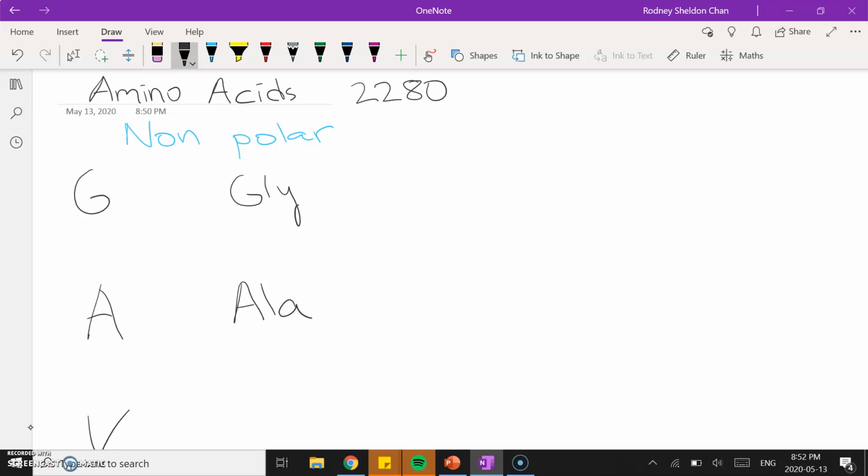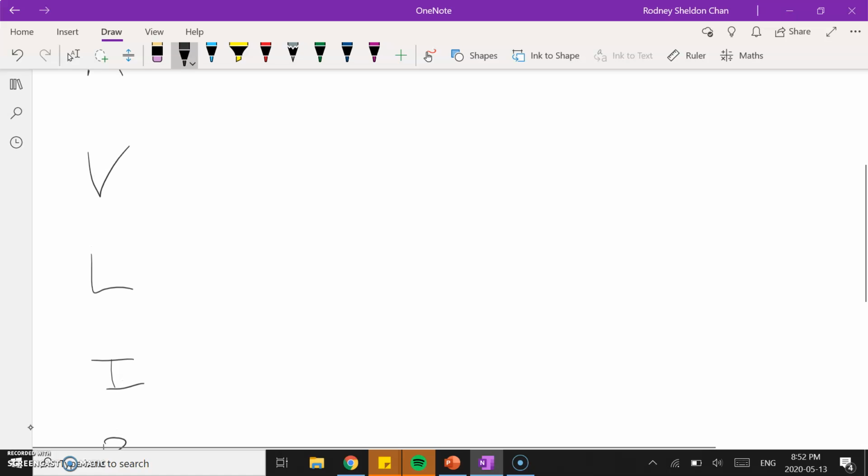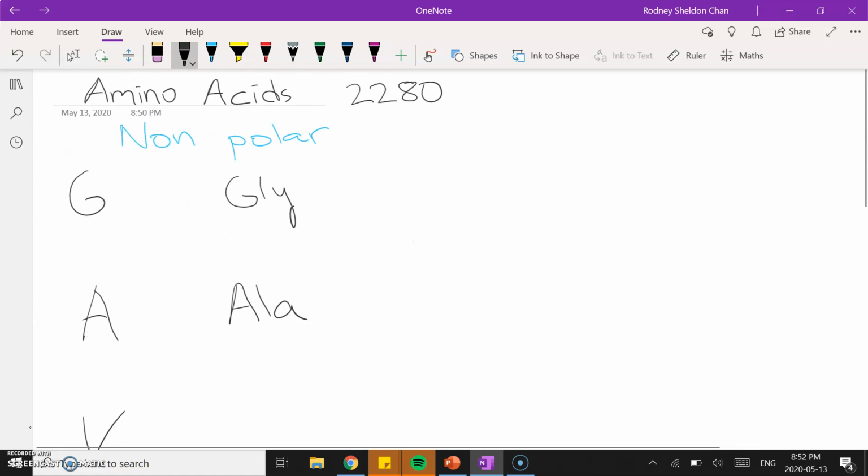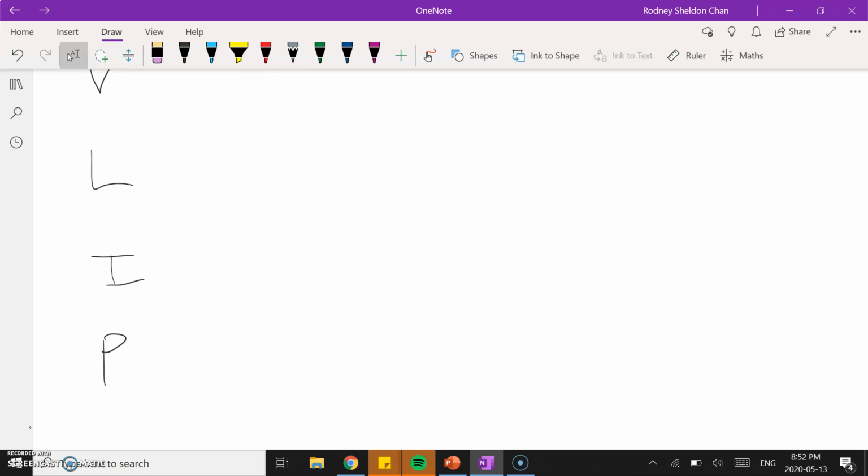So what I want you to memorize here is glycine, alanine, valine, leucine, isoleucine, proline. So what you're going to remember is glaciers in Alaska valiantly locate isolated prowlers, or whatever you want.